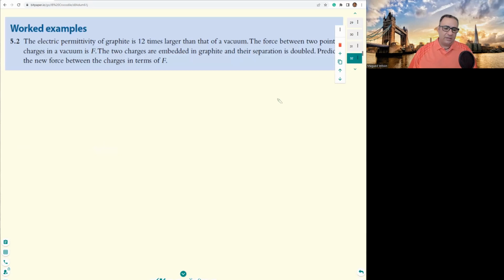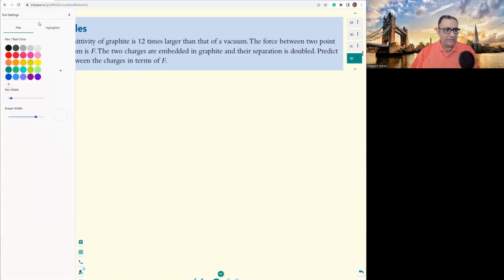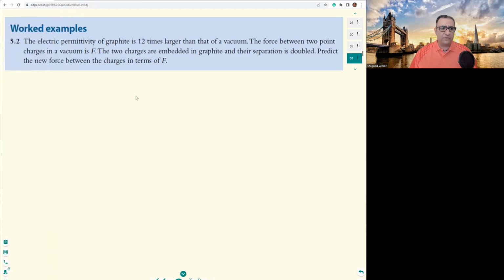Now let's have a practice problem, from the Cambridge textbook. The electric permittivity of graphite is 12 times greater than that of vacuum.